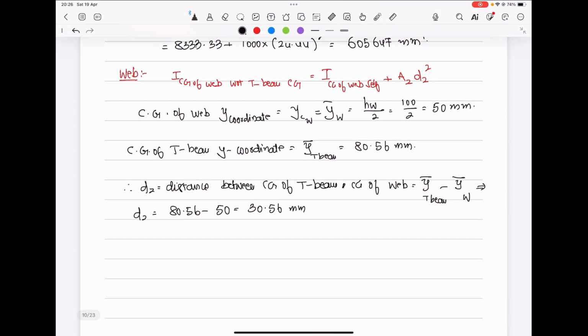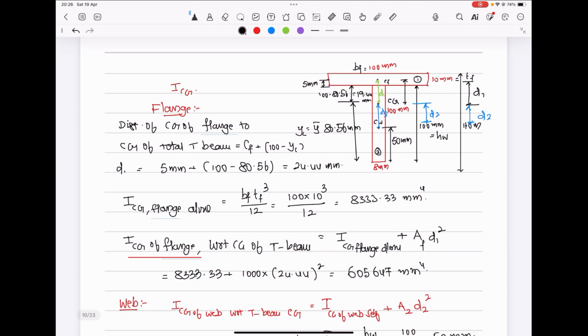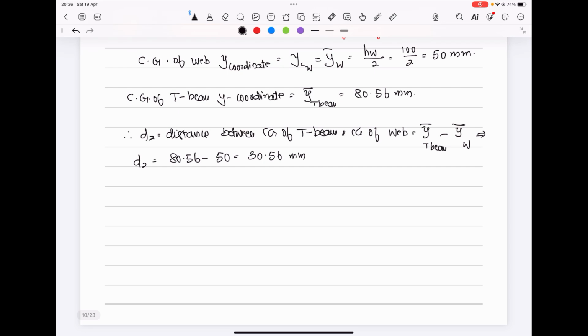Now, from parallel axis theorem, with respect to CG of T-beam, if we have to find out ICG of web with respect to T-beam CG, it is equal to ICG of web plus area of web into D2 square, because that is the distance between the center of gravity of the web and center of gravity of the T-beam.